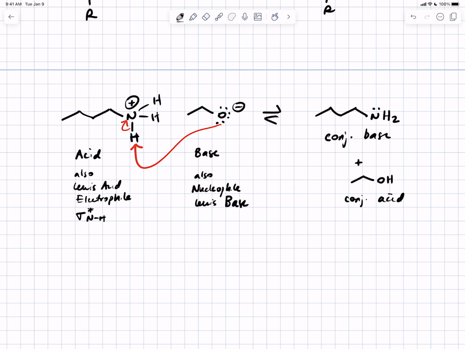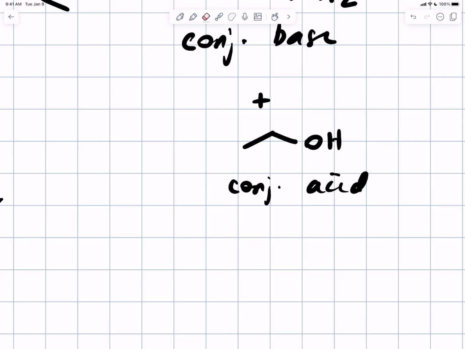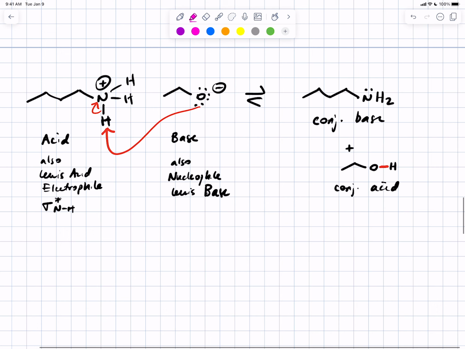Yeah. So after the oxygen breaks that bond between nitrogen and hydrogen, where does the hydrogen go? The new bond is here. This is the proton that got stolen. We call this an acid-base equilibrium, but we also call it deprotonation.